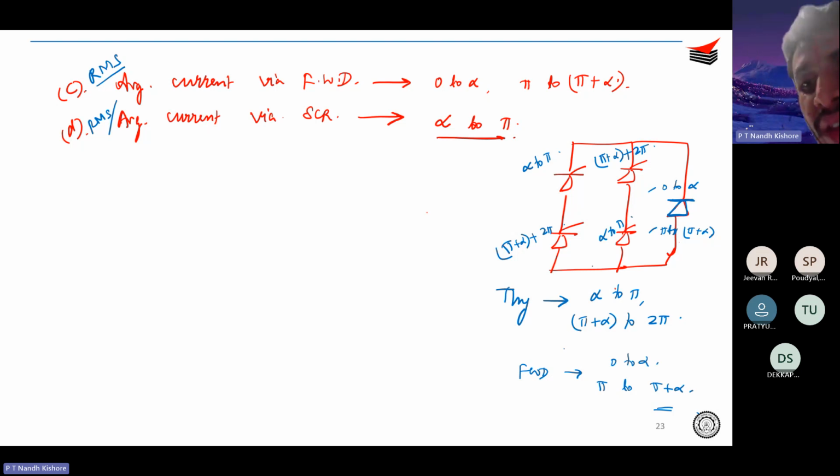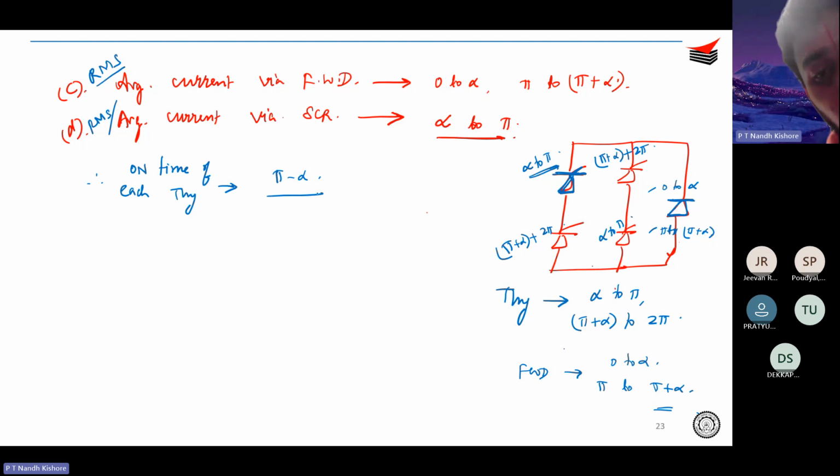So for one thyristor, over the entire cycle of 2 pi, it conducts from alpha to pi. Therefore, the on time of each thyristor is pi minus alpha out of the entire 2 pi interval.